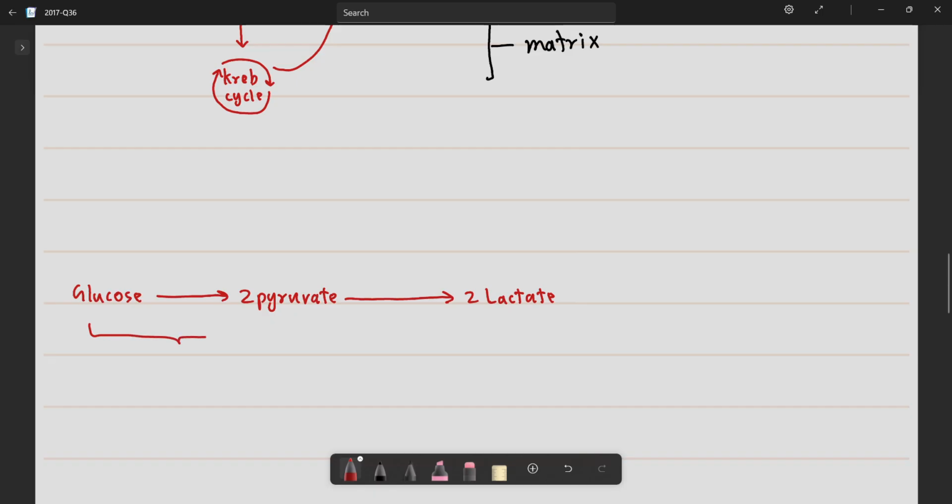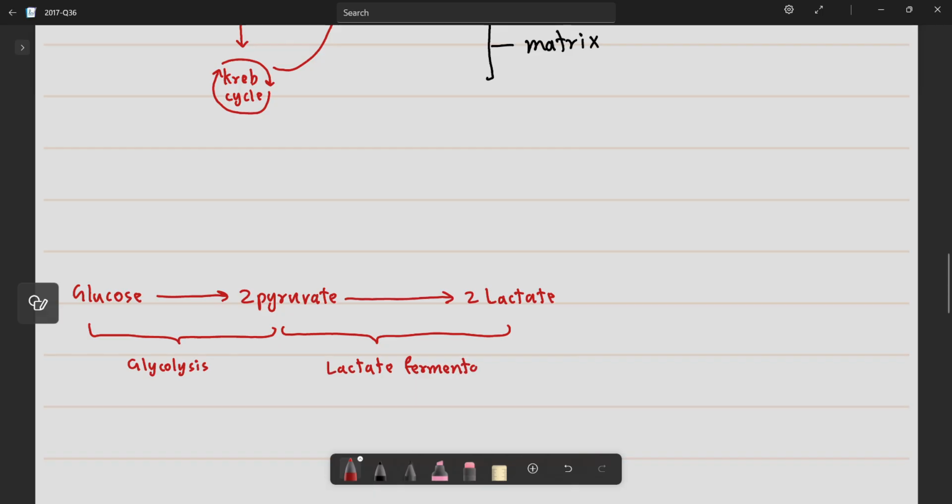So this step is glycolysis. If the anaerobic condition persists, where there's no available oxygen, then the glycolysis proceeds to the lactate process. Okay, so lactate fermentation.